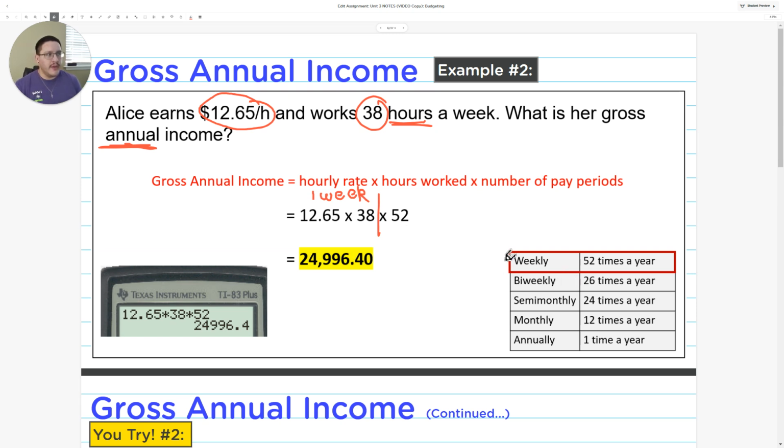Because this is weekly, we multiply by 52. If it said she works 38 hours in a month, we would have instead used monthly, and then this would be in terms of months. But again, that's not what happens. This is weekly.